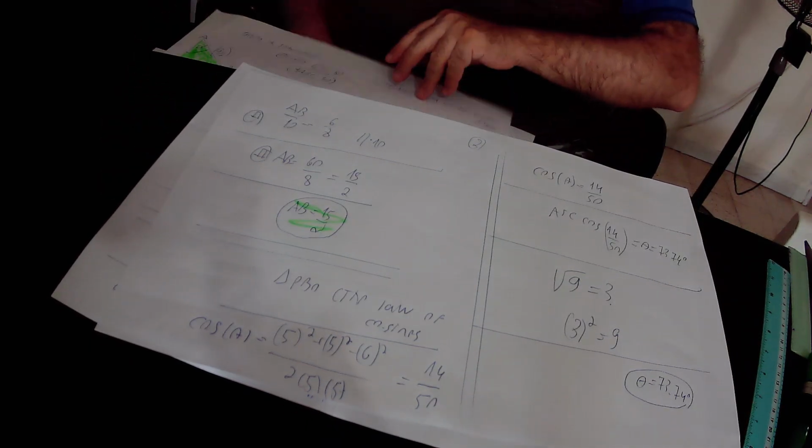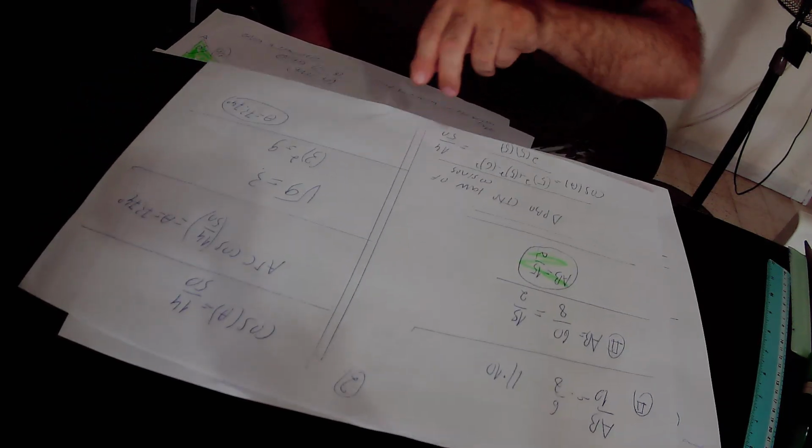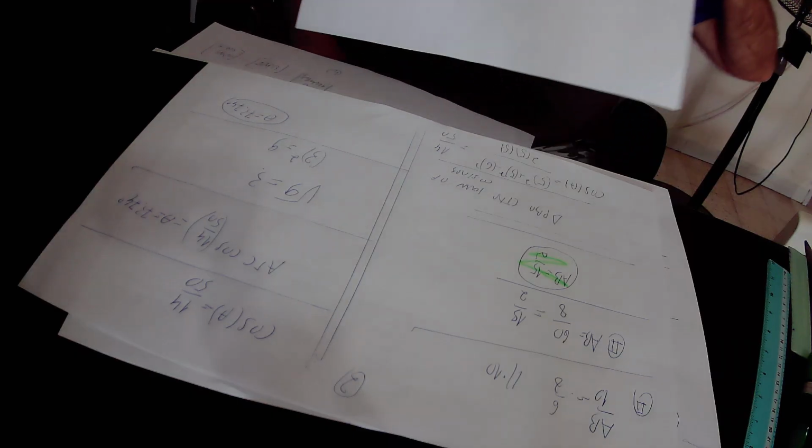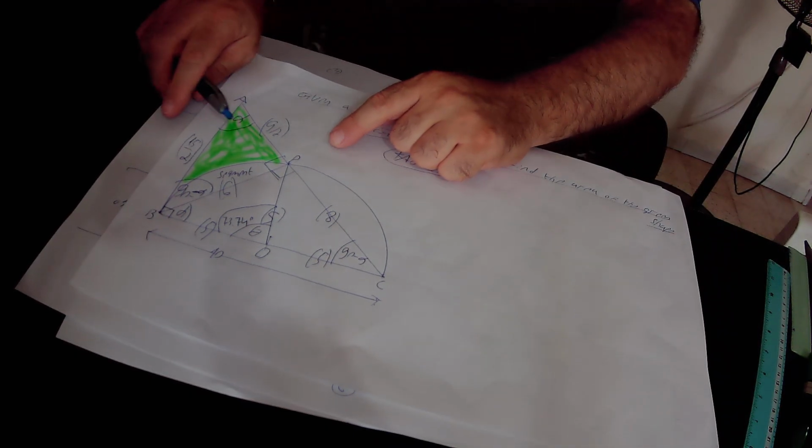So in the next step we implemented the law of cosines on this triangle PBO.